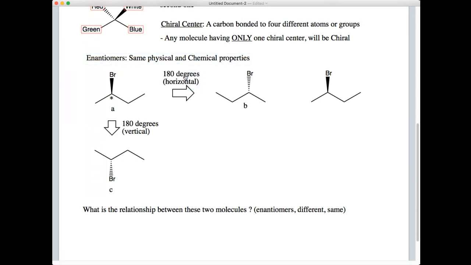And from A to C is a 180 flip, vertical flipping. The three are the same molecule, just different ways of drawing them. Okay, I'm gonna draw another one now.